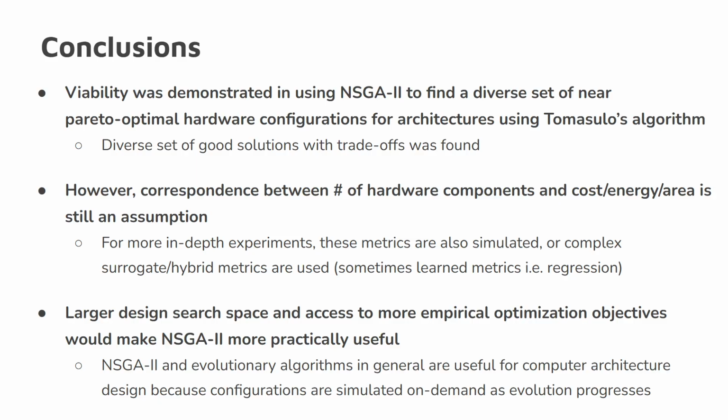Things like that often use learned metrics, which for the purpose of this experiment was not so easy to do because of, I would say, its simplicity. But we still did demonstrate viability.